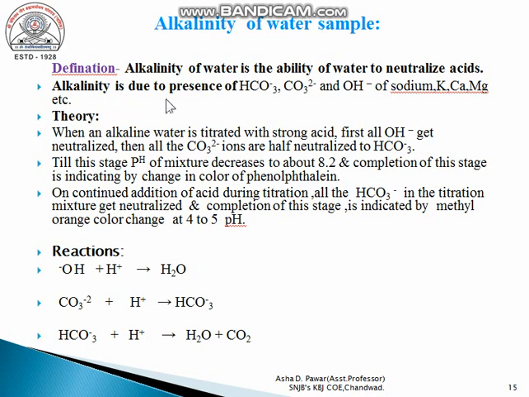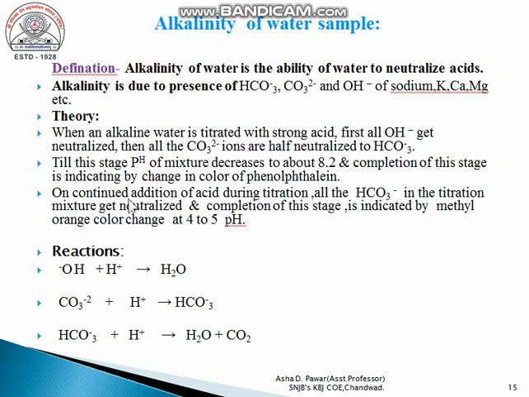Alkalinity is due to the presence of bicarbonate, carbonate and hydroxide of sodium, calcium, potassium, magnesium, etc. That is, if the water contains salts like calcium bicarbonate, potassium bicarbonate, magnesium hydroxide, etc., then we say that water is alkaline, and that alkalinity we can calculate easily in the laboratory.